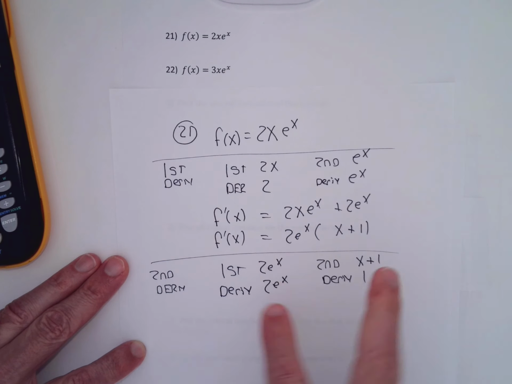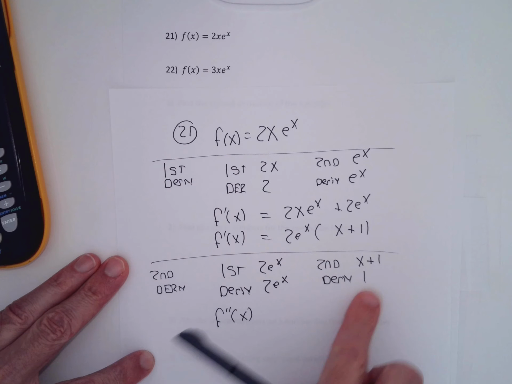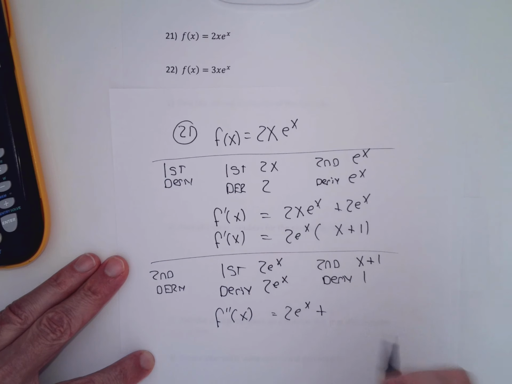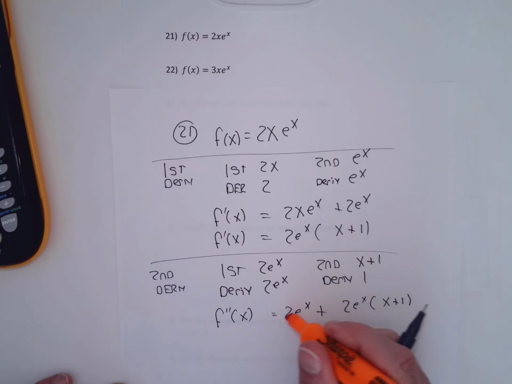So cross multiply. Second derivative is cross multiplying this way: 2e to the x times 1 is just 2e to the x, plus cross multiply this way: 2e to the x times x plus 1. I'm not going to multiply that out. I'm going to factor out this 2e to the x right off the bat.